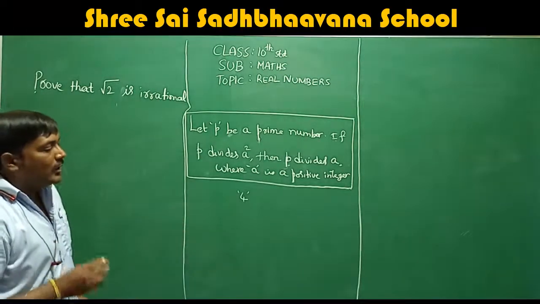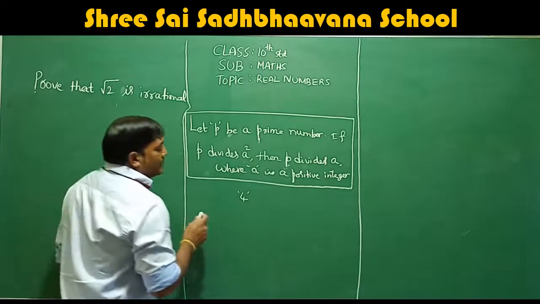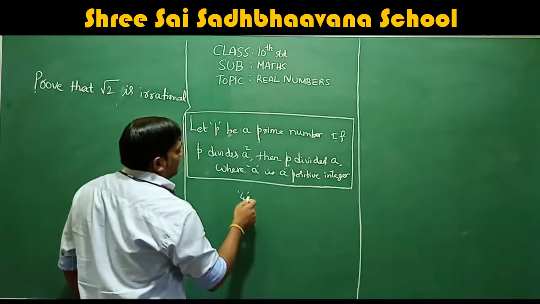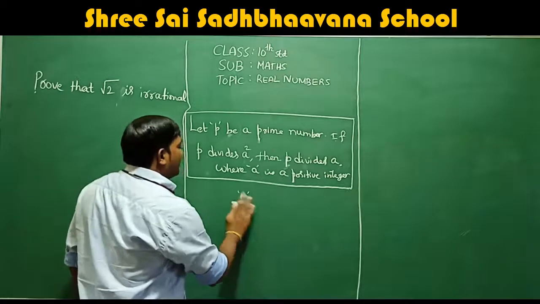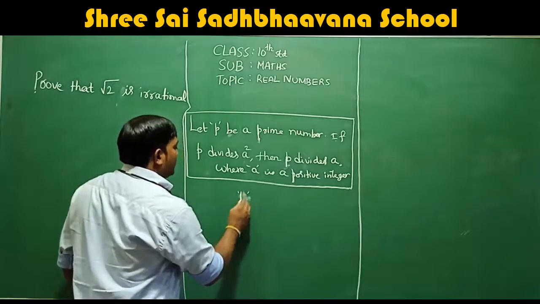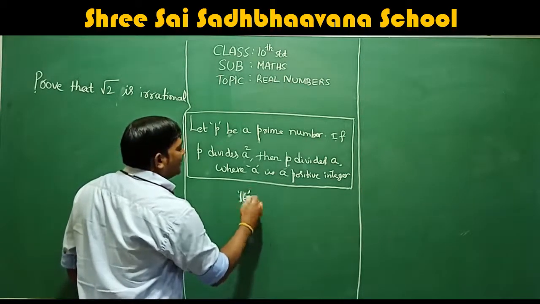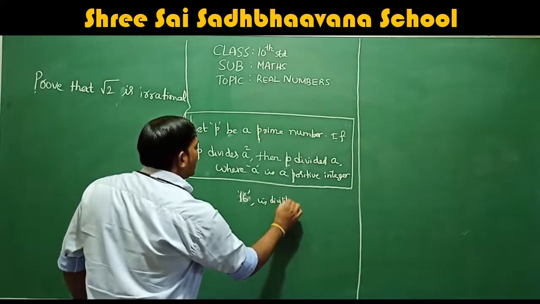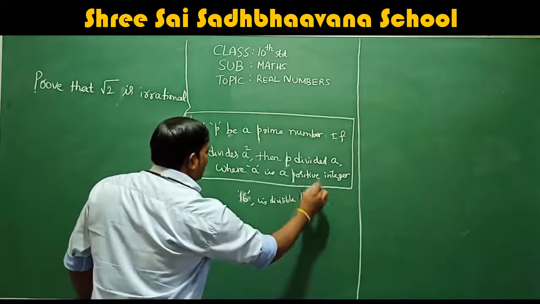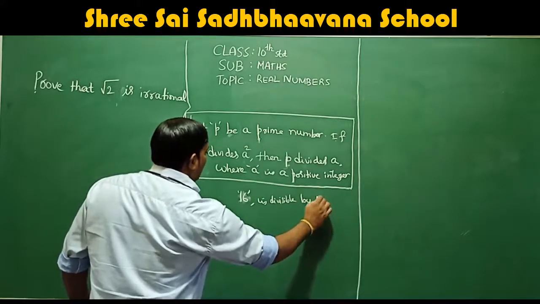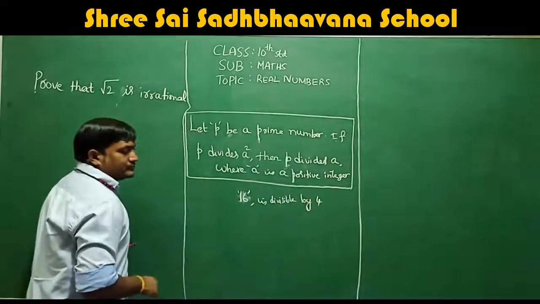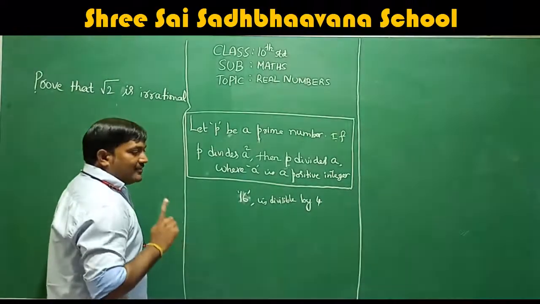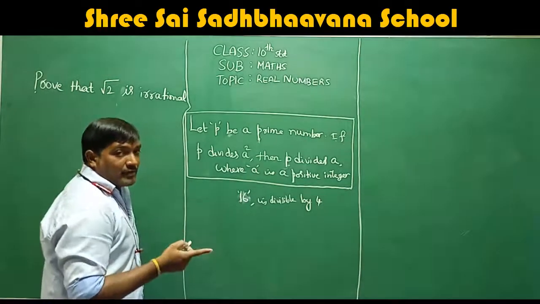Now let me take 16, it will be easy to make you understand. 16 is divisible by 4, correct? Understood?